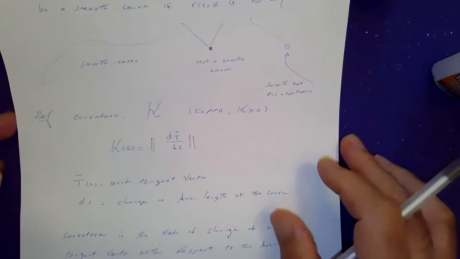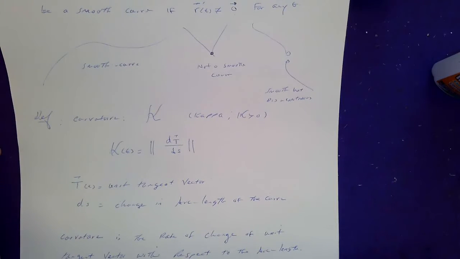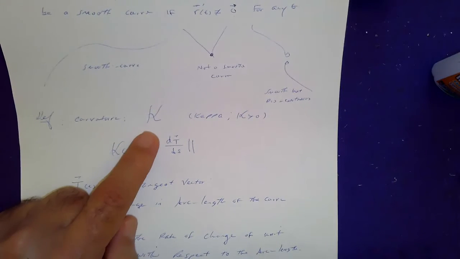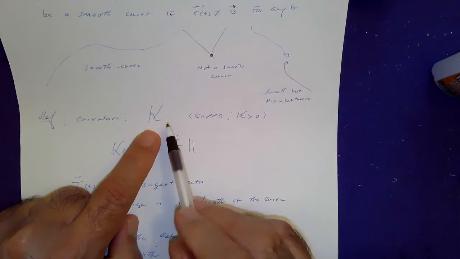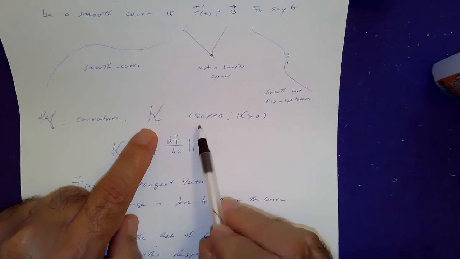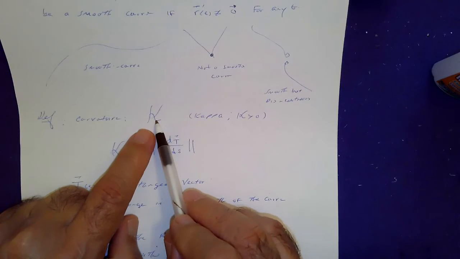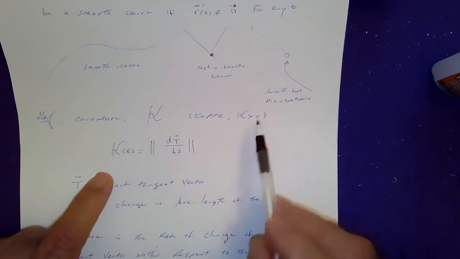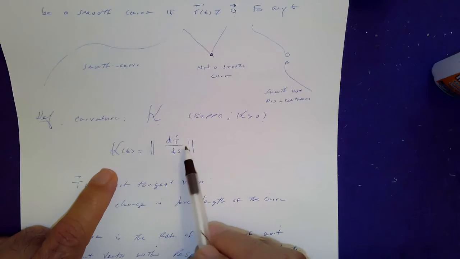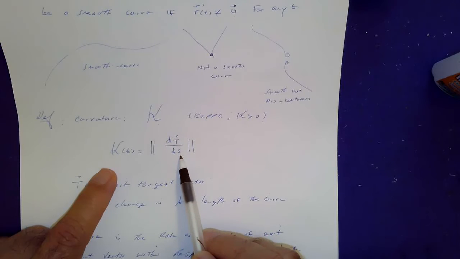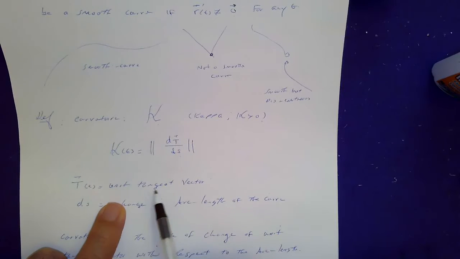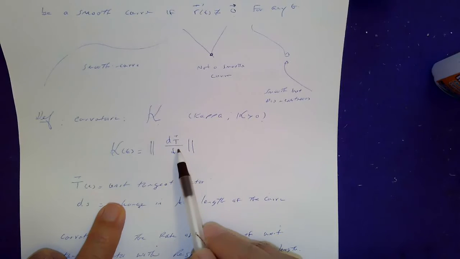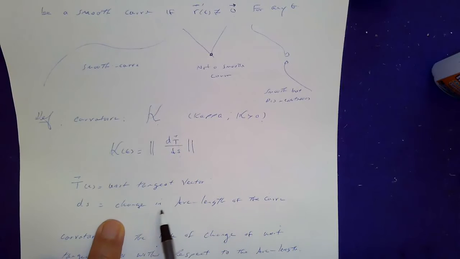So the curvature is denoted by the Greek letter kappa. That's how you write kappa. It's a positive number and by definition is the magnitude of dT/ds, where T is the unit tangent vector on the curve, and ds is the change in the arc length.